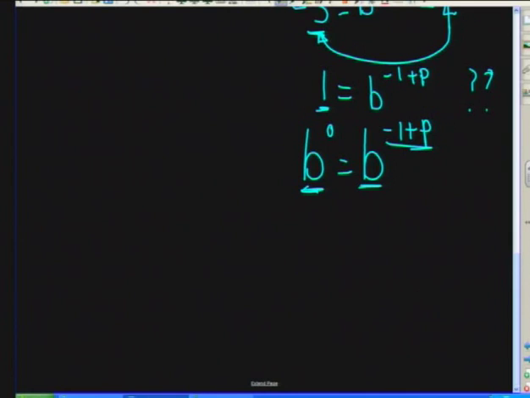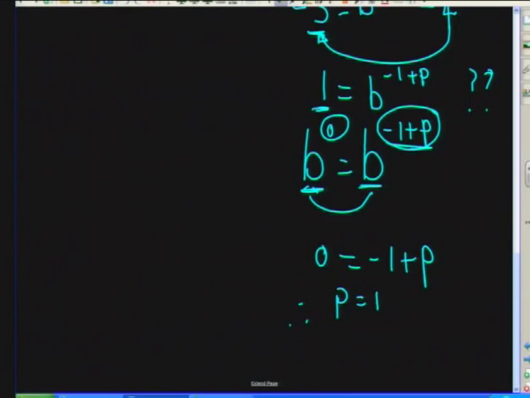So I can rewrite 1 as b to the power of naught. Now, since the bases are the same, I can equate the powers. So therefore, 0 is equal to -1 plus p.